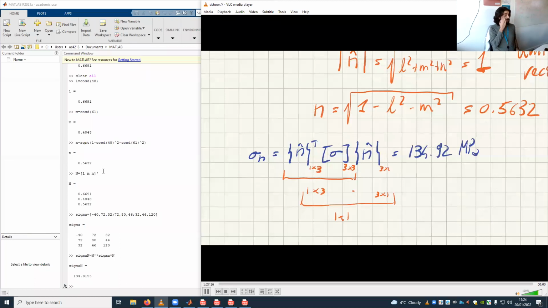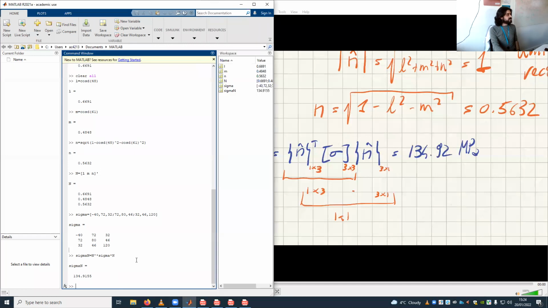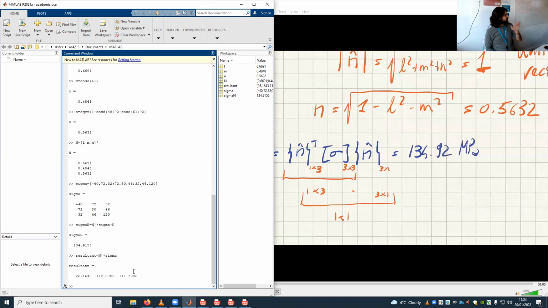And what is the shear stress? Well, the shear stress needed that S. So we jumped one step, and we shouldn't have. So let's call this resultant. Resultant is just this. These are the components of the resultant.